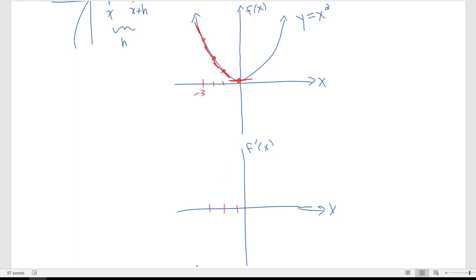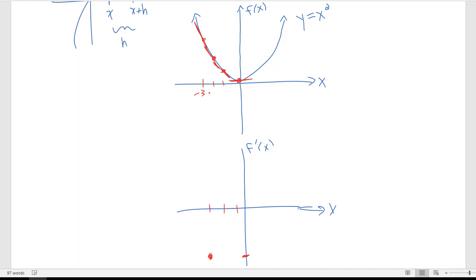Now again, I don't really know what those numbers are, but let's pretend. Let's pretend at -3, the slope of this line is, I don't know, -5. So I'm going to come down to my derivative, and at -3, I'm going to plot a y value of -5. When I'm constructing the graph of the derivative, I'm plotting the slope of every tangent line.